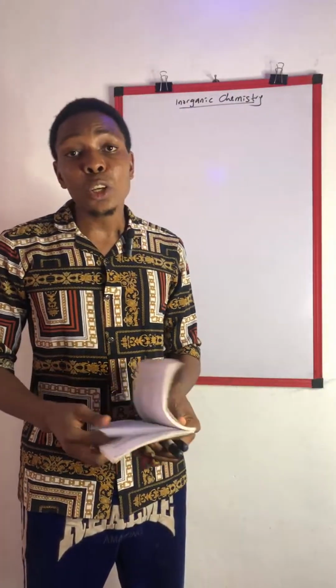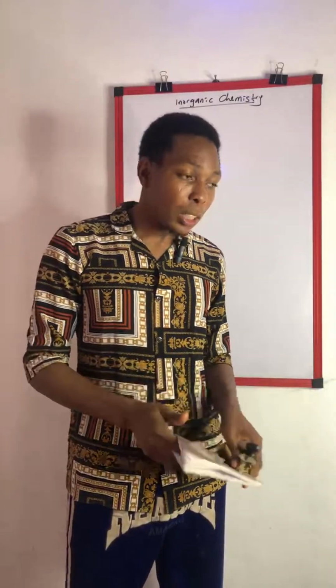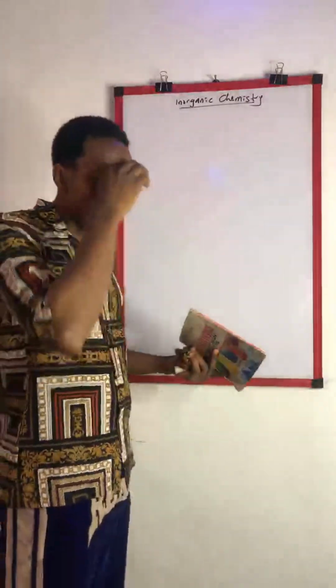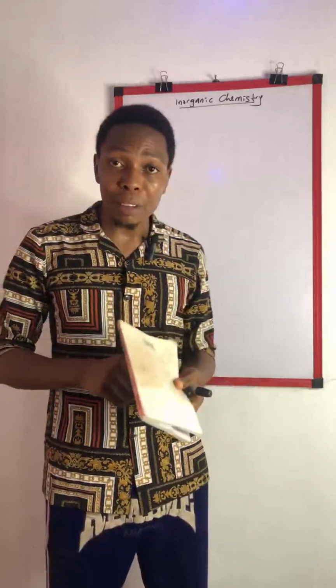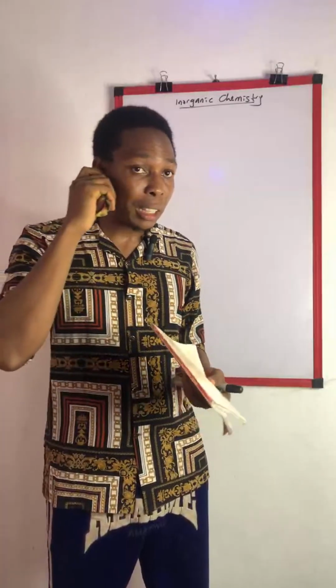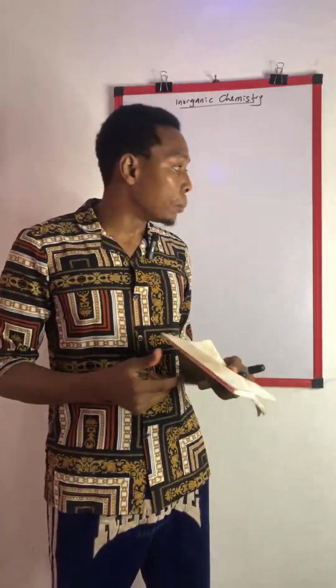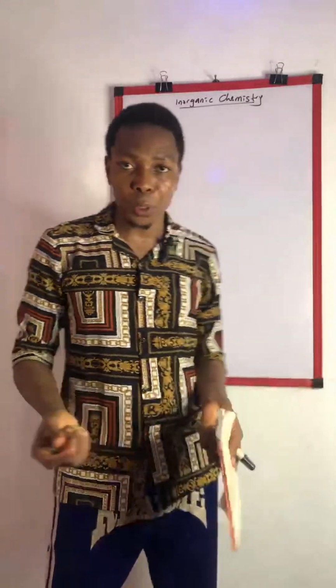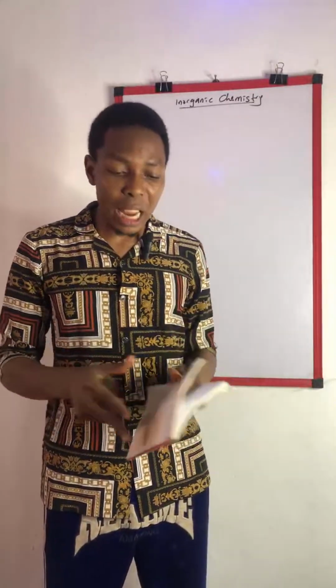Now, we are still on stoichiometry. Remember, I told you that stoichiometry is a very, very broad topic, because under stoichiometry is where you have your mass-mole relationship, and where you have your molarity. We've not taken molarity. That's where you have balancing of equation, the empirical formula and molecular formula, percentage composition by mass, isotopes, atomic structures, and so many other things.